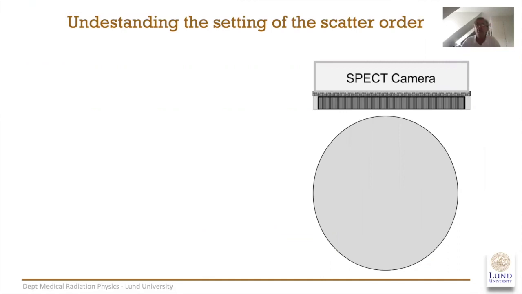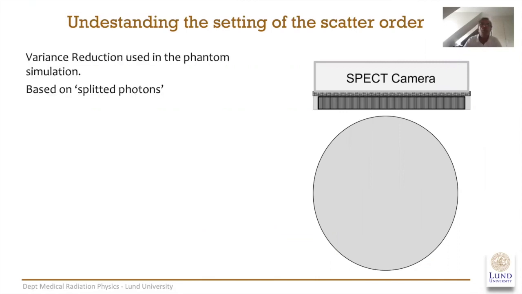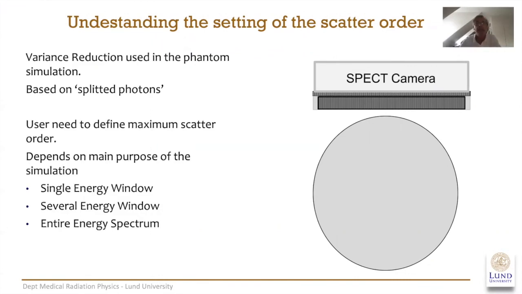SIMIND uses a variance reduction called split photons, which means that we start from one photon and then we split that into subphotons. Because we use split photons in the program, we have to define the maximum scatter order, and that value depends on many things.